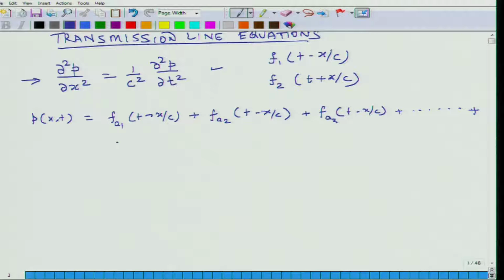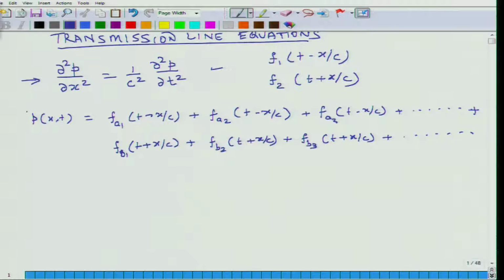Those backward traveling waves could be represented by another series of functions: fb1, which is a function of t plus x over c, plus fb2 of t plus x over c, plus fb3 of t plus x over c, and so on and so forth.